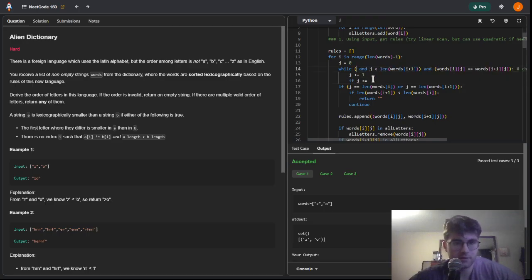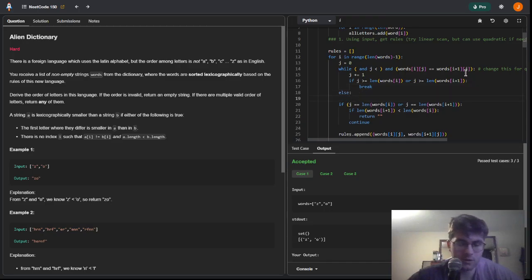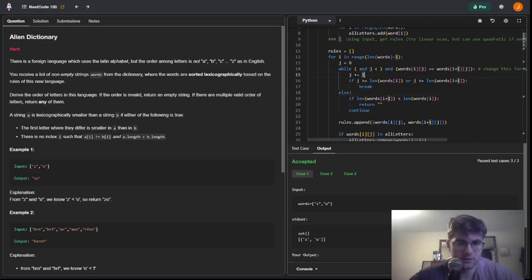I'm gonna try it this way. While j is greater than or equal to that, or j is greater than or equal to the length of words of I plus 1, then we'll break. And then I think the while else statement only handles when it breaks. Like that.